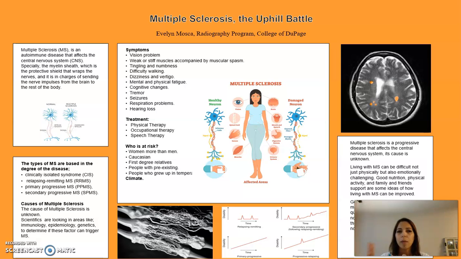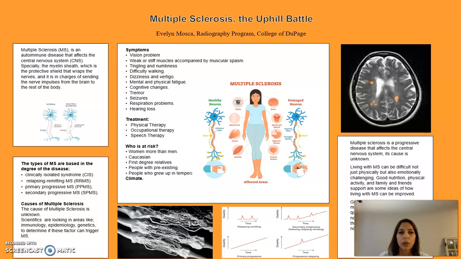Symptoms like vision problems, weakness, stiffness of the muscles, muscular spasms, tingling and numbing, difficulty walking, difficulty speaking, difficulty swallowing, cognitive changes that can affect the everyday small decisions that people take every day, which can become huge cognitive problems.